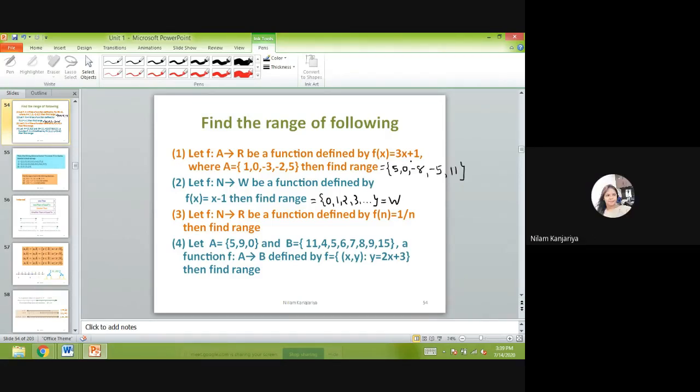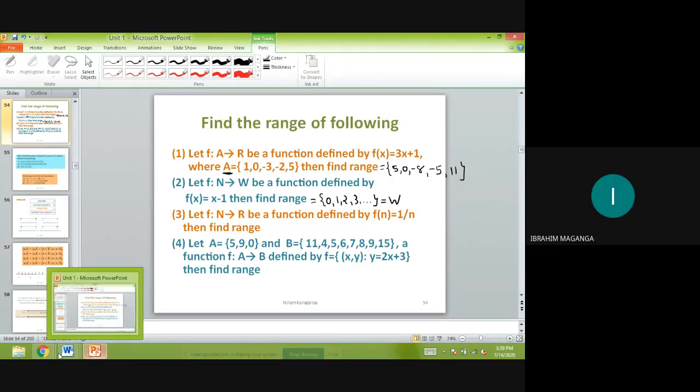So, what are you doing for this? What can you do for the range? You put the value of x. You take the value of x from the set A. And the first value of x is 1. Ibrahim, you can make some mistakes.